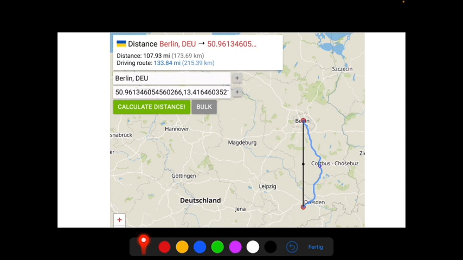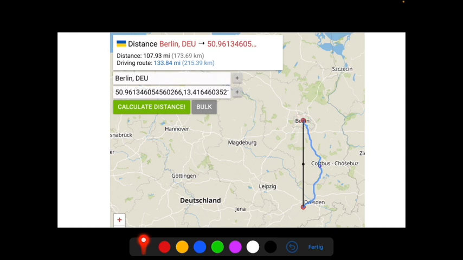But we're doing it digitally, and there are tools to do this digitally, and that's what I'm explaining here. So the distance is 173.69 kilometers between point A and point B.